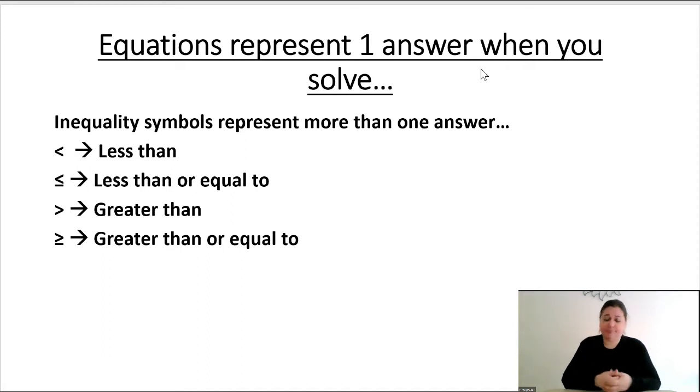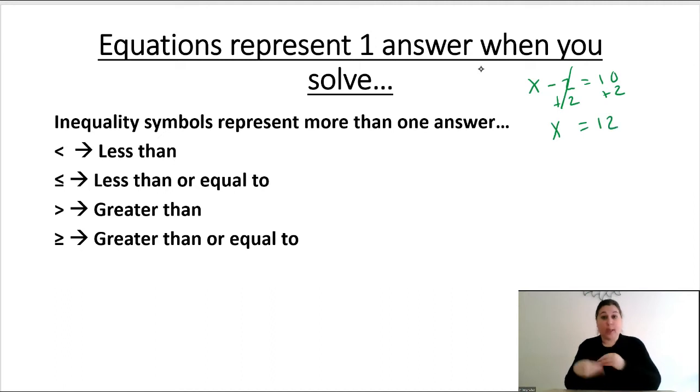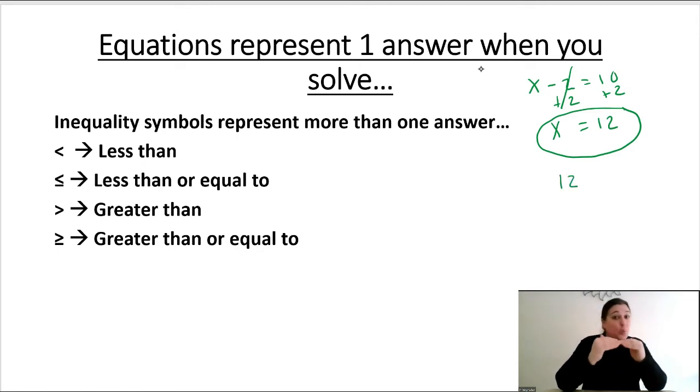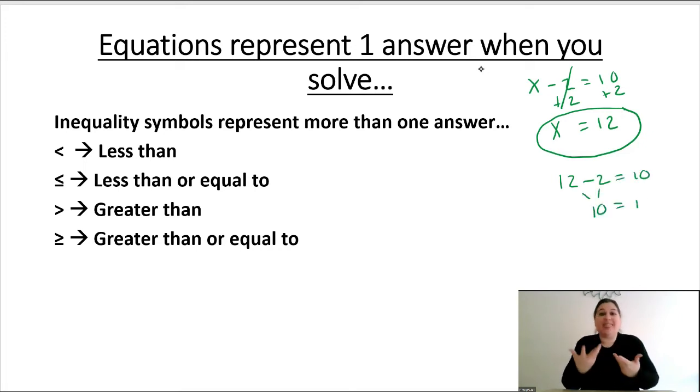Equations represent one answer when you solve. If I have x minus 2 equals 10 and I add 2 to both sides, x equals 12. That means that there's only one exact answer for this problem. X can only be 12. When I plug 12 in for x, that's the only thing that will make the left match the right.